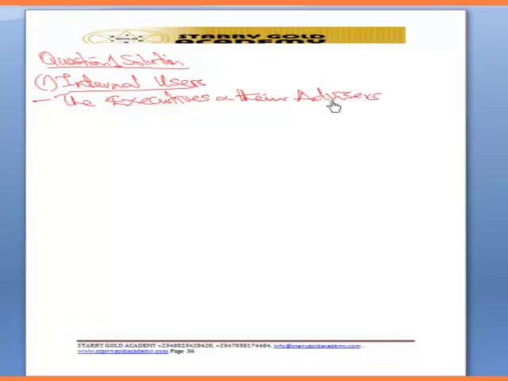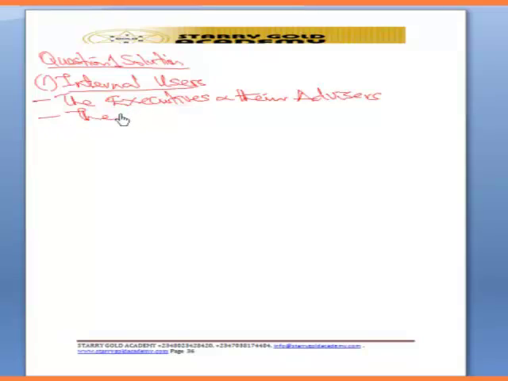We have internal users as mentioned in the question. So the question is, who are the internal users? Remember, we said number 1 of it is the executives. We have the executives and their advisors.